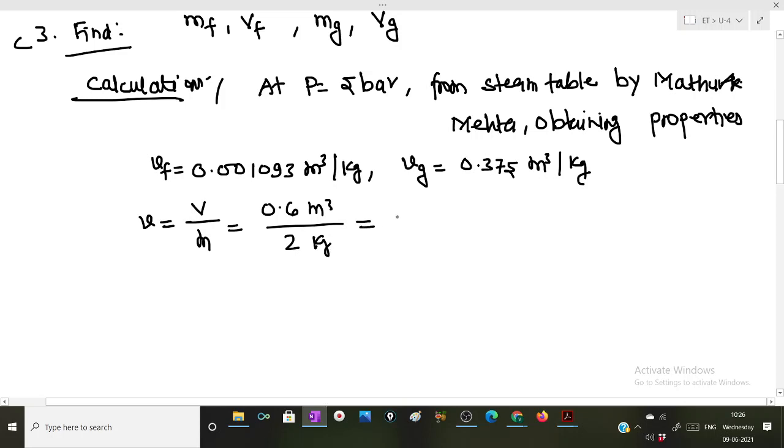So the specific volume will become 0.2 meter cube per kg.